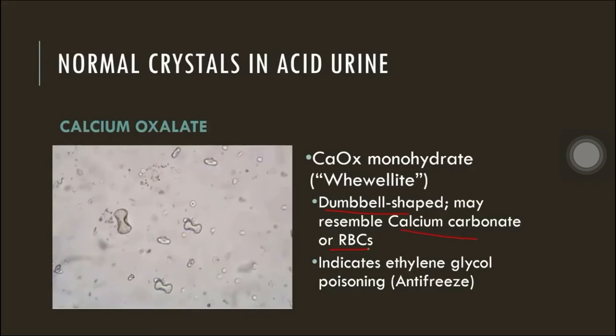For you to differentiate the two, since both look dumbbell-shaped, where will you look? Again, the most useful test, or the first thing to do if you have difficulty identifying crystals, is to look at the pH. If the pH is acidic, then it is calcium oxalate monohydrate. If the urine is alkaline, that is calcium carbonate.